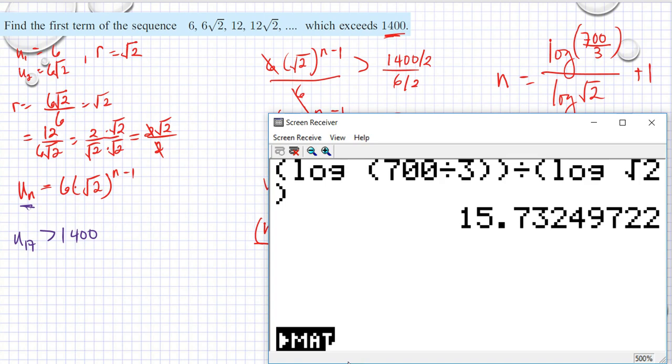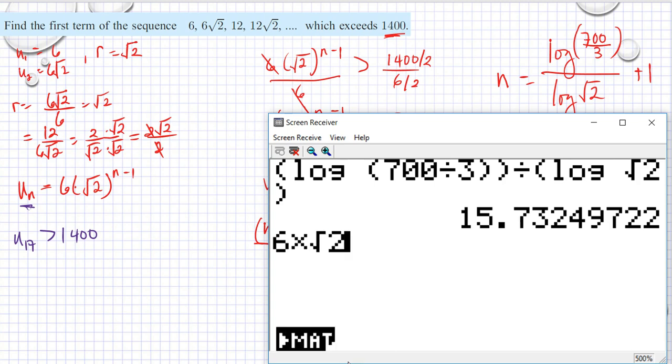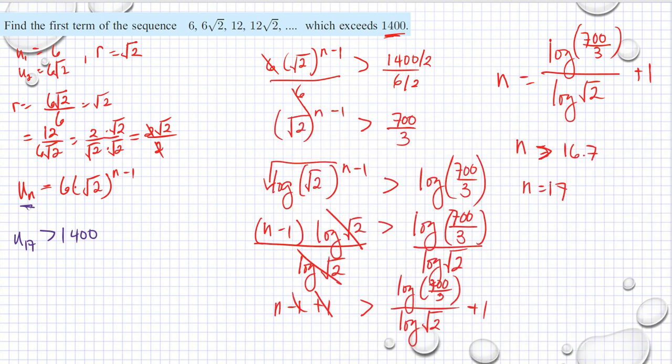So we have 6 multiplied by square root of 2 raised to 17 minus 1, that is raised to 16. Our n is 17. That is 1536. It's alright, that is more than 1400. So our n is 17.